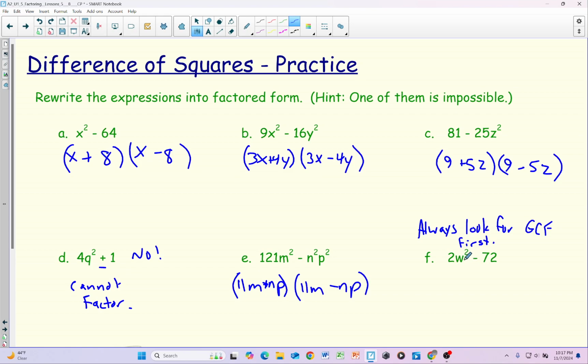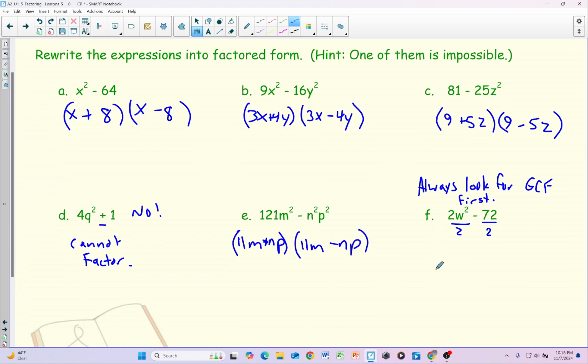They do, 2. So what I can do is I can divide both of these numbers by 2, the common factor. So what am I left with? I'm left with w squared minus 36. And is 36 on my list? Absolutely it is. That is totally a perfect square.